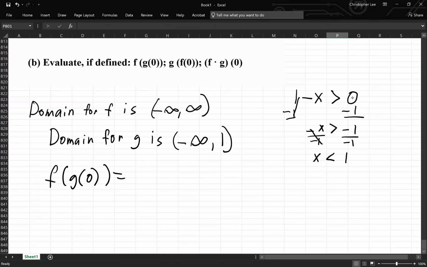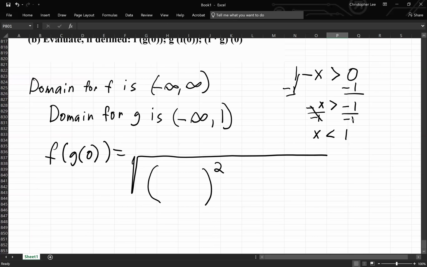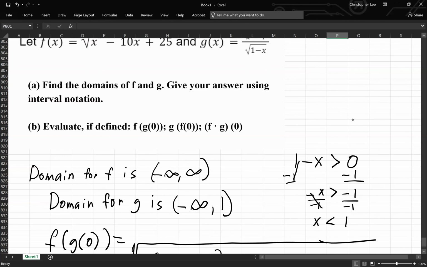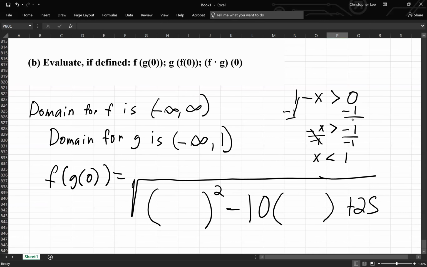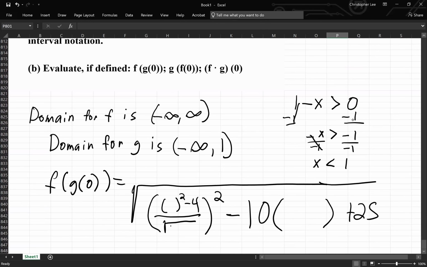I'm going to have the square root of x squared minus 10x plus 25, and then what's my g of x? x squared minus 4 over the square root of 1 minus x. But instead of x, I'm going to have this. Let's put a 0 here as well.